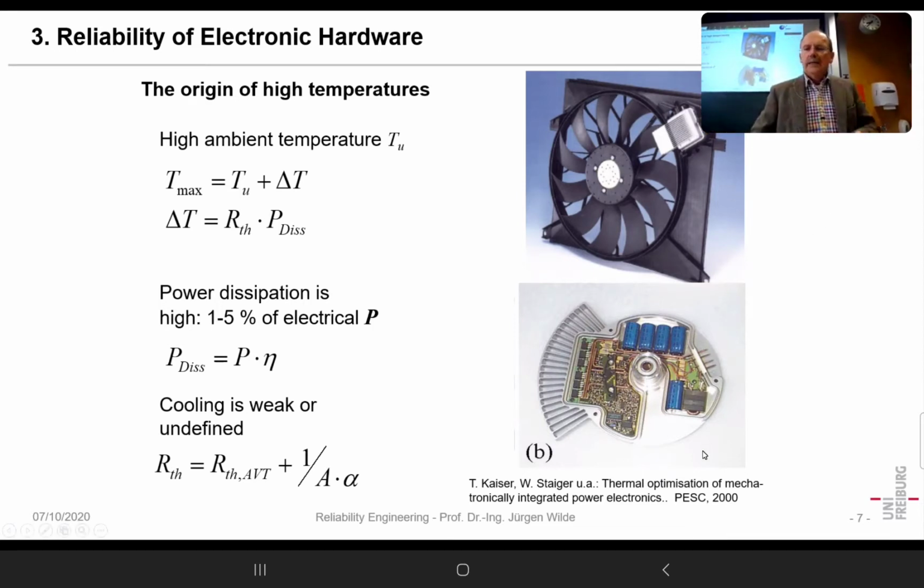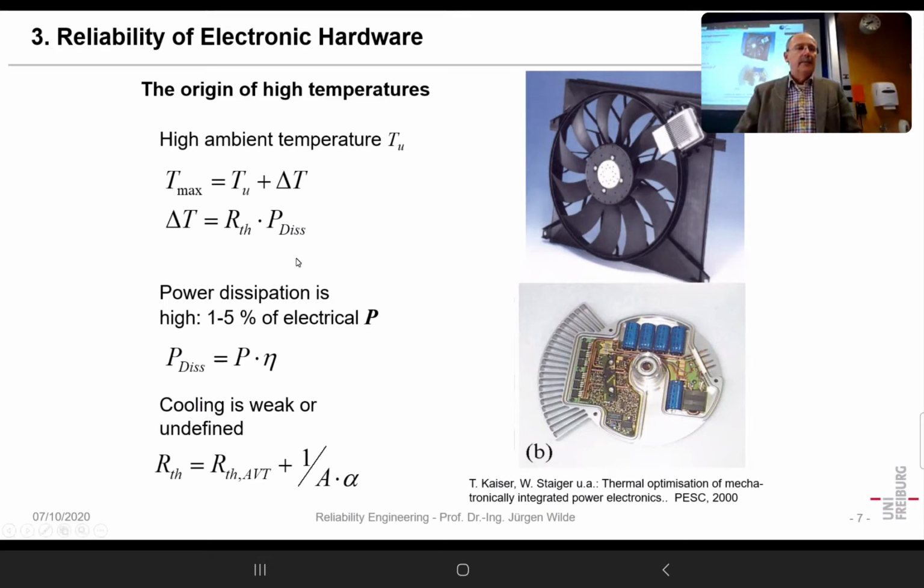On the other hand, we have here the electronics. We have power semiconductors, and also we have big capacitors.